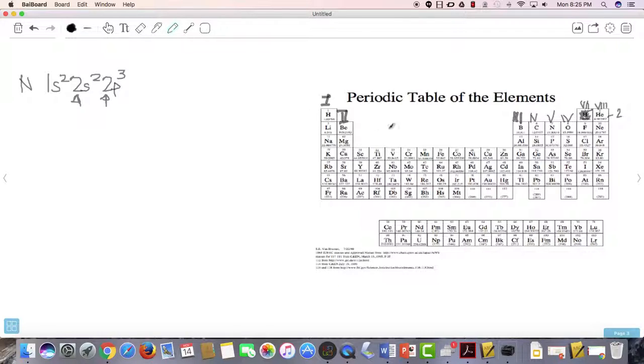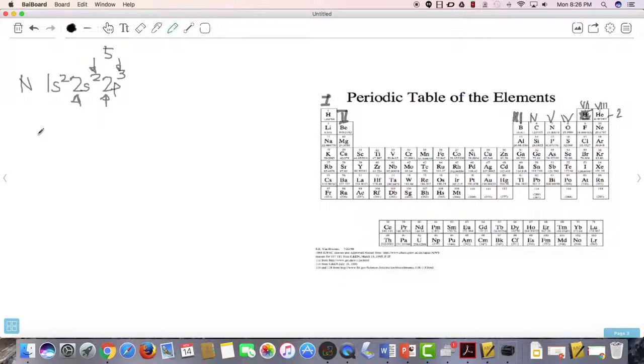Nitrogen is in period 2, so that's the highest principal quantum number. That's the energy level that nitrogen is found in. So the valence shell for nitrogen is 2. Now when we add these two numbers, 2 plus 3 equals 5. And when you look at nitrogen, it is in group 5.